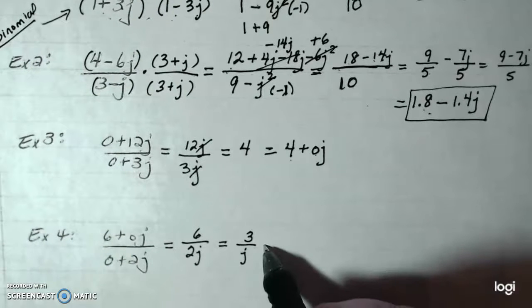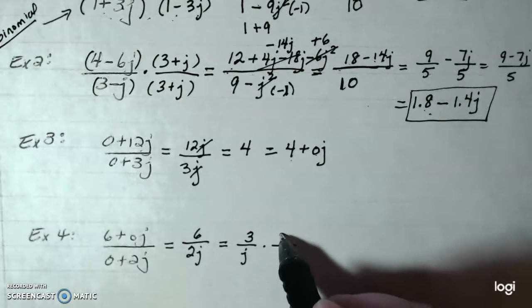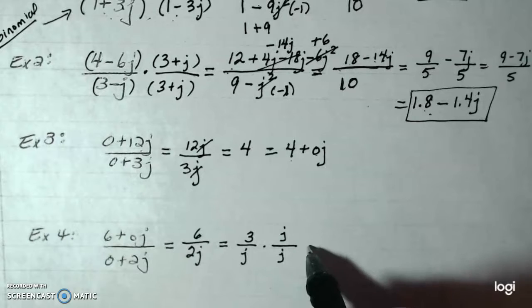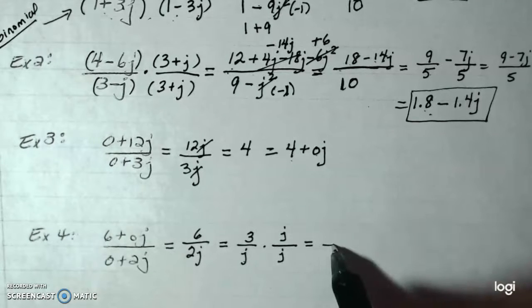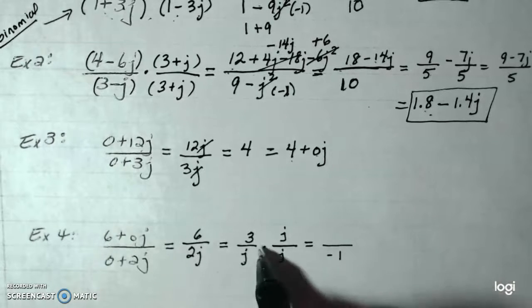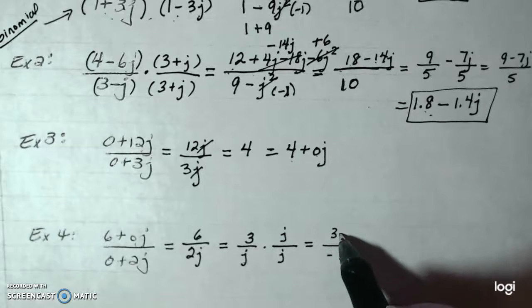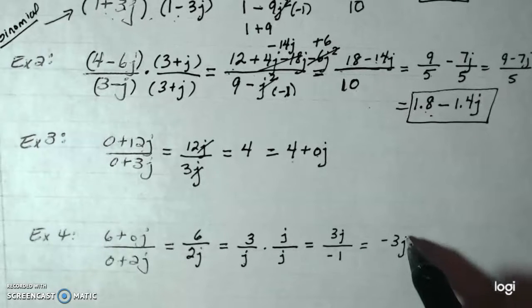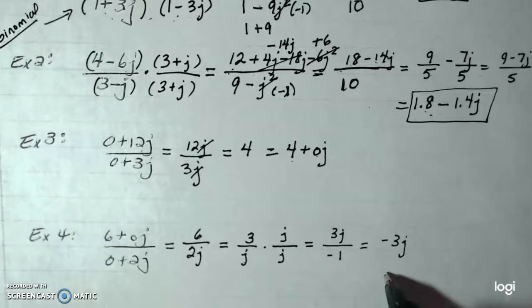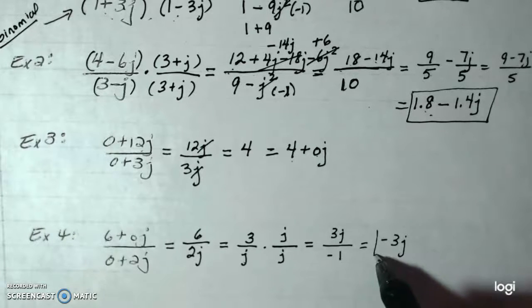So to fully simplify it, multiply by j divided by j. And why does that work? Because j squared is equal to -1, and we know 3 times j is 3j. You'd further simplify this by just bringing the negative value to the numerator, and your final expression here is -3j.